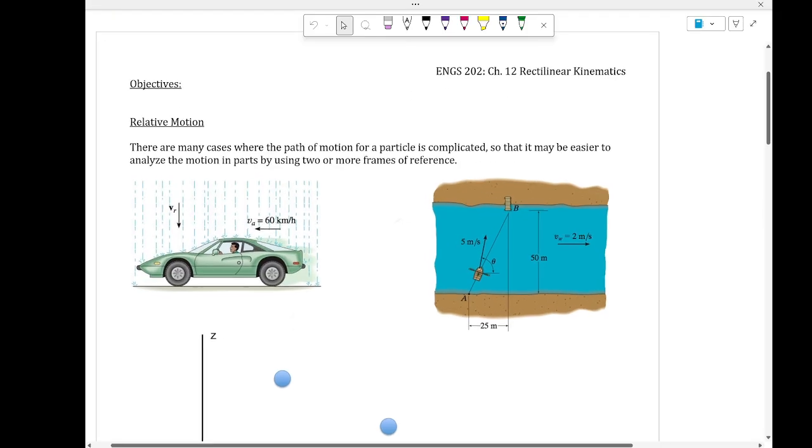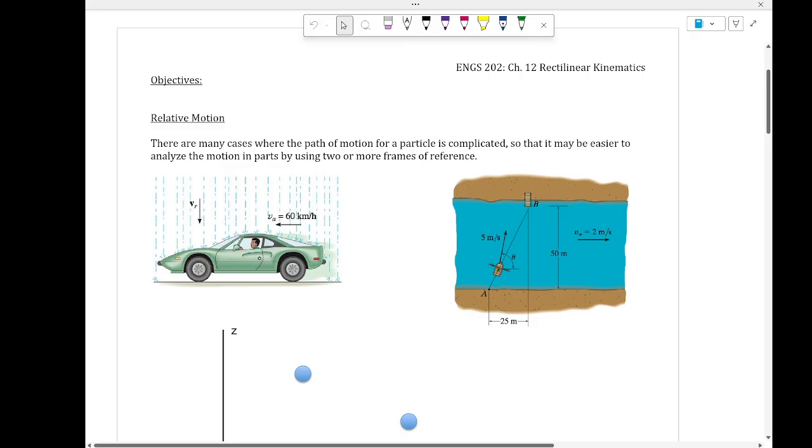There's another application that we're seeing. A car is moving, meaning the car is in driving condition, and the rain is falling. Did you ever notice that when you drive on the interstate, it suddenly feels like the rain is too fast? But when you come off onto the ramp, you're not seeing rain that fast.